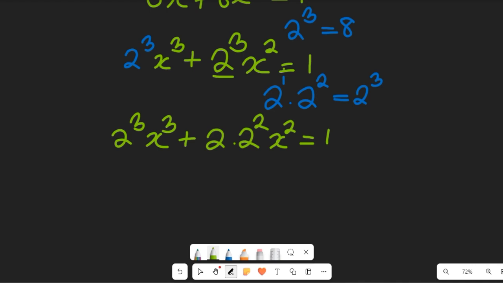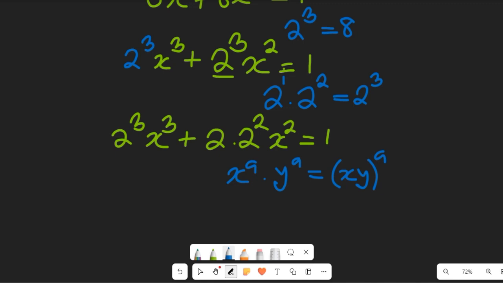Now reflect your mind back to a law of indices. If I have x to the power of a multiplying y to the power of a, since both have the same base, this can give me x multiplied by y, all to a common power a.